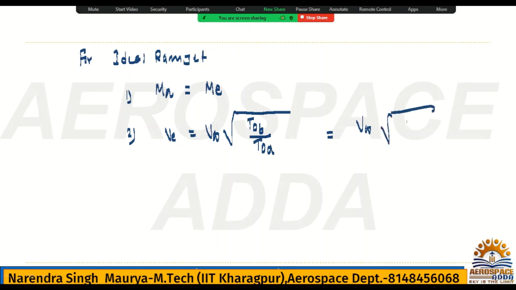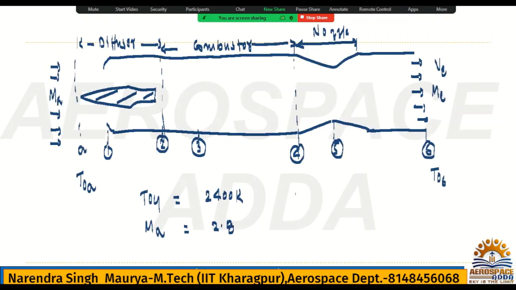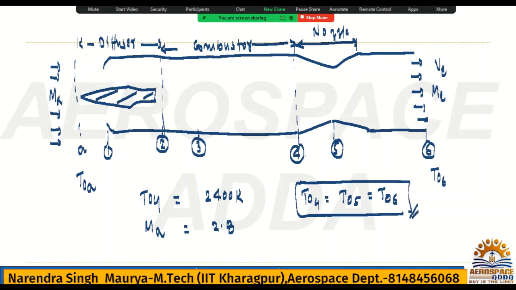This value was TE divided by TA. So total temperature at the exit: I told you in the nozzle we are not adding any heat, so T04 is equal to T05 is equal to T06. When I explained the ramjet engine, I had given this relation, because in the nozzle we are not adding any heat, so T04 is equal to T06 total temperature.